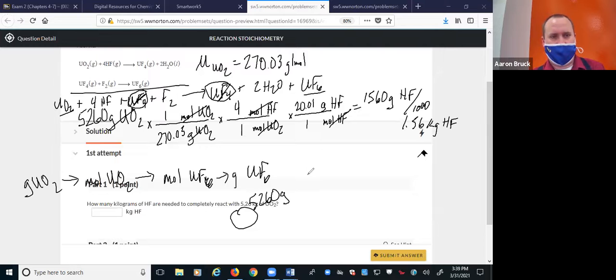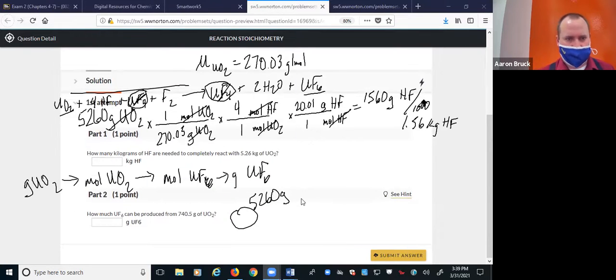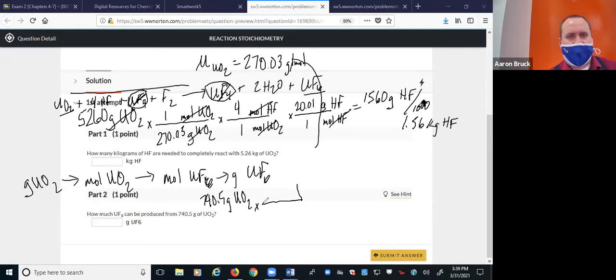So armed with that knowledge now, we start with our 740.5 grams of uranium dioxide. We have the molar mass.